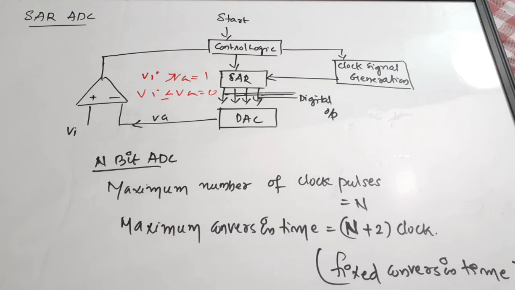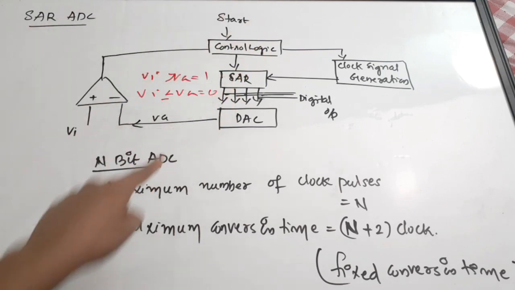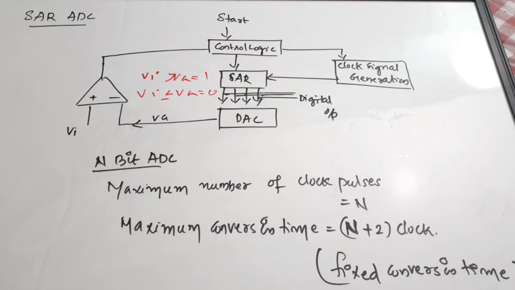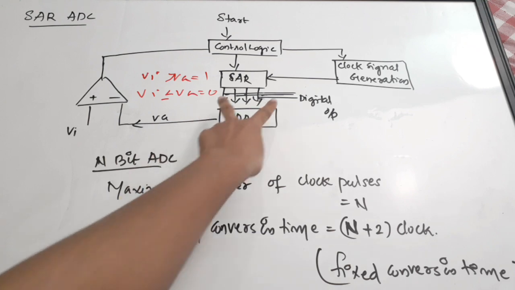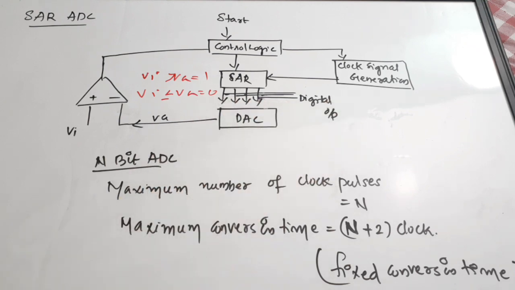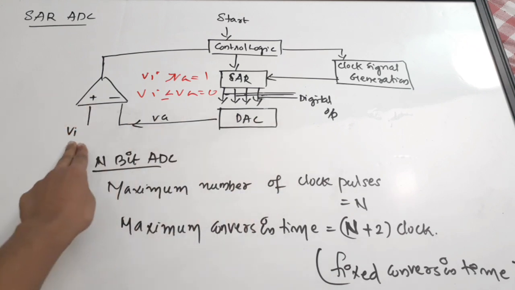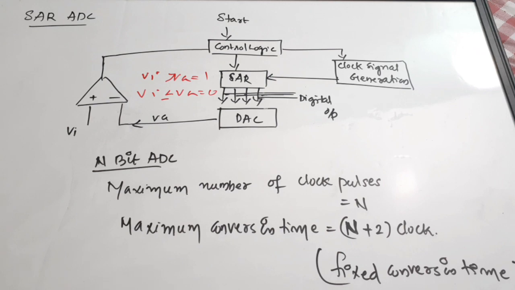And what happens? Again, it will send a signal to the control logic, which will stop the conversion, and whatever output is here will be taken as the digital representation of this Vi signal. Okay, so this is happening for a successive approximation register ADC.